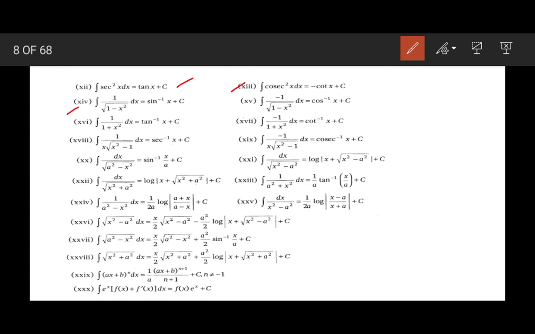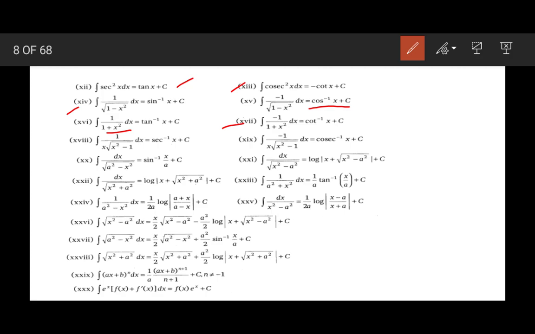Then the integral of 1 upon under root of 1 minus x square dx is sin inverse x plus c, and if it is minus, then it is cos inverse x plus c. Then the integral of 1 upon 1 plus x square dx is equal to tan inverse x plus c, and if it is minus, then it is cot inverse x plus c.